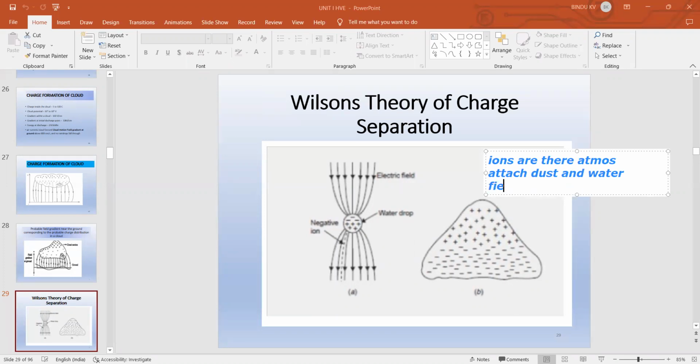And also the electric field is present in the atmosphere, with an intensity of 1 volt per centimeter at the surface of the earth, and it gradually decreases towards 0.2 volt per centimeter.